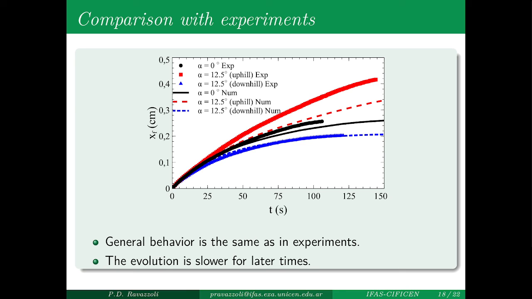For the uphill stream, the red dashed line, the difference between experiment and simulation increases, while for the downhill extreme, the blue dotted line, this difference decreases, becoming practically negligible.